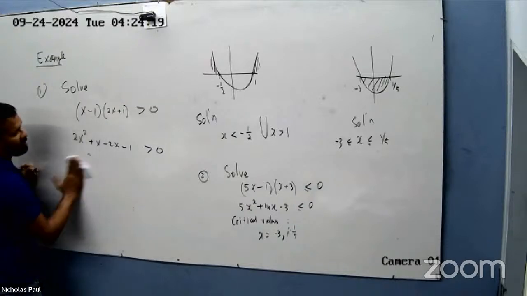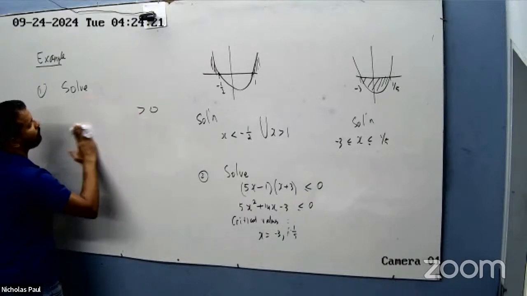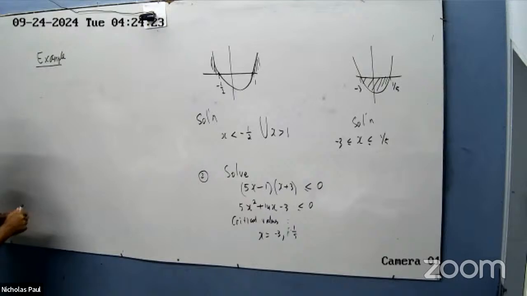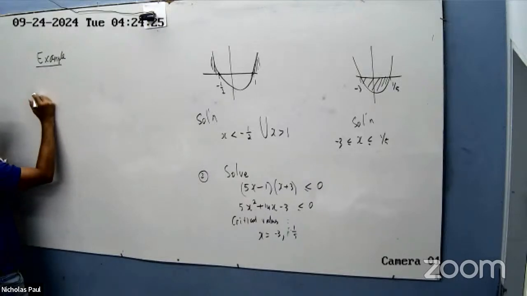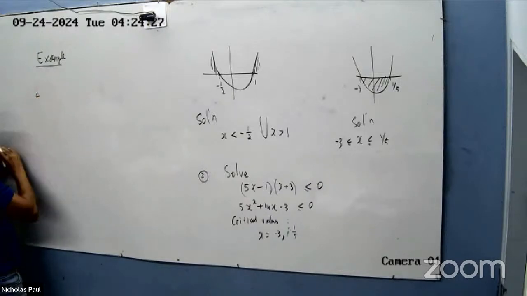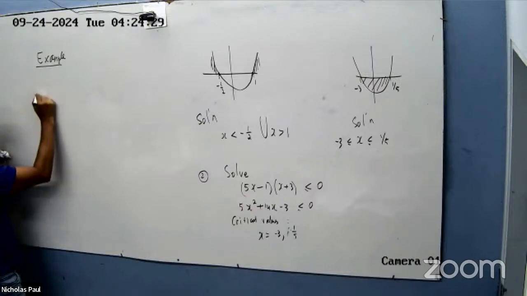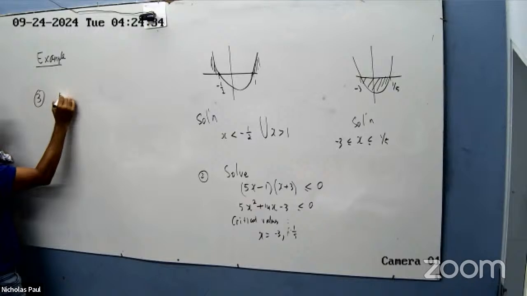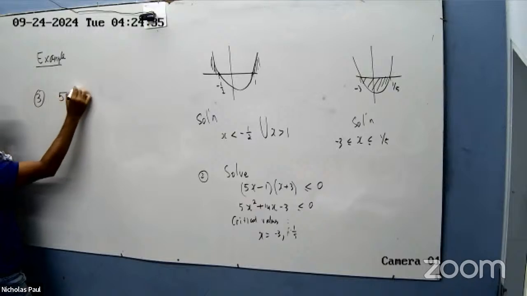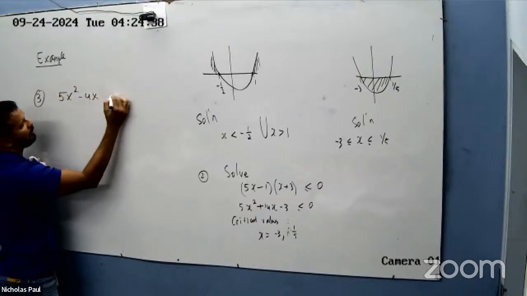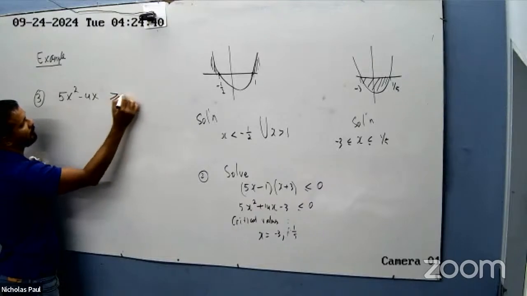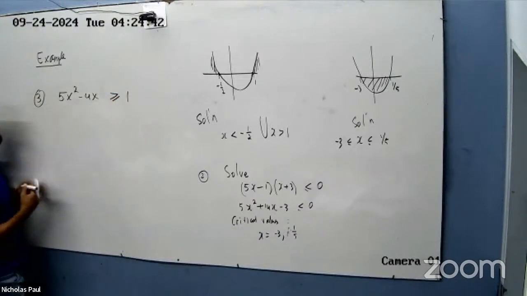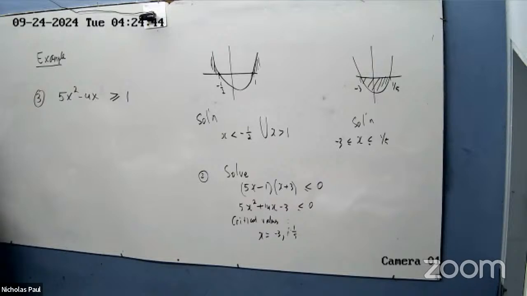Right, let's try the next one. This one might not be nice values, right? It might get bad values. What's the first thing to do here, Dominic, with this one?